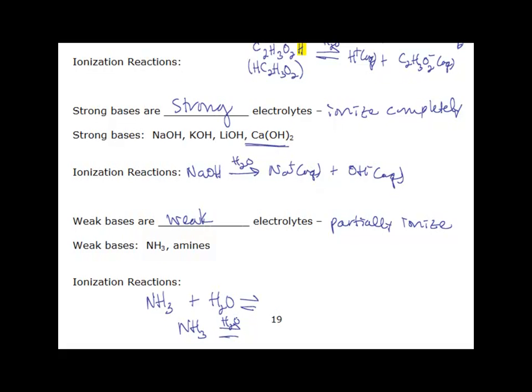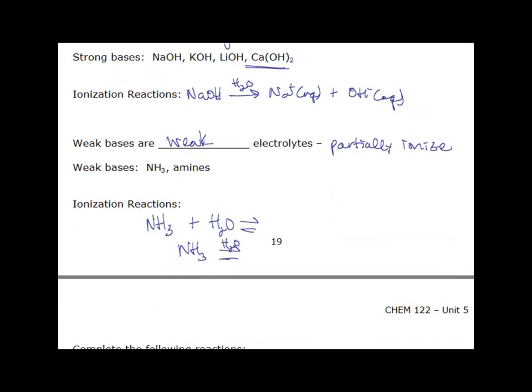Amines are Bronsted-Lowry bases. You guys just learned this in the last lecture. I'll give you a refresher. Bronsted-Lowry bases are proton acceptors. So, amines will get their proton from water.